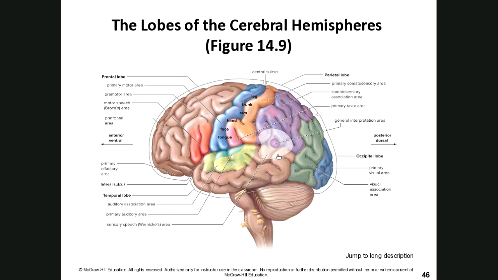So that's a general interpretation area. To smell, that's the bottom of the frontal lobe. In the temporal lobe, auditory association, which makes sense because your ears are right there. Sensory area, Wernicke's area, that's also very near the general interpretive area. And your occipital lobe has primary vision and the visual association area.